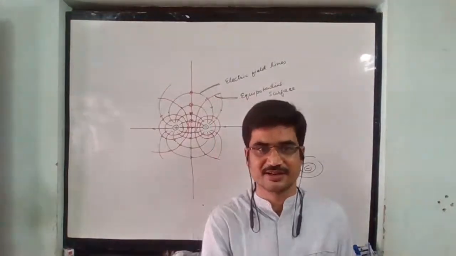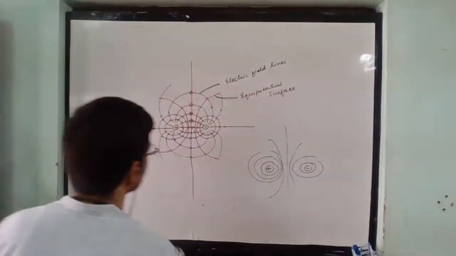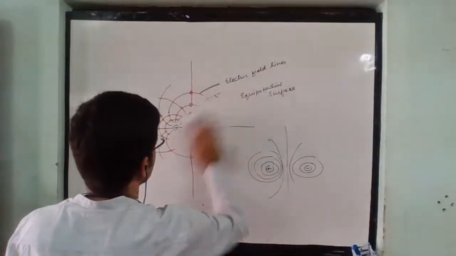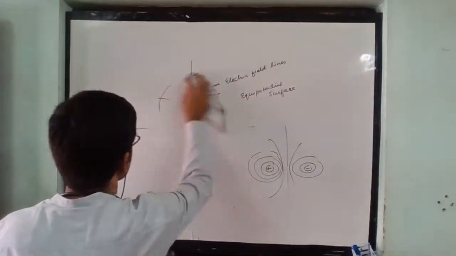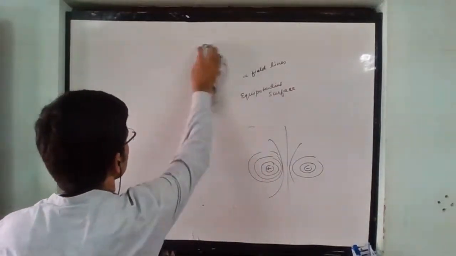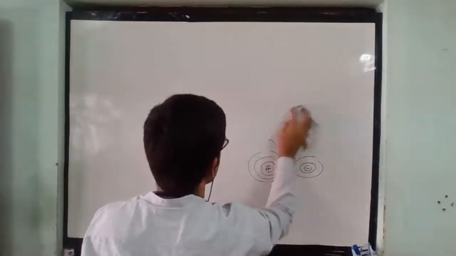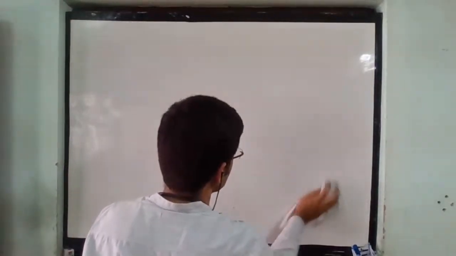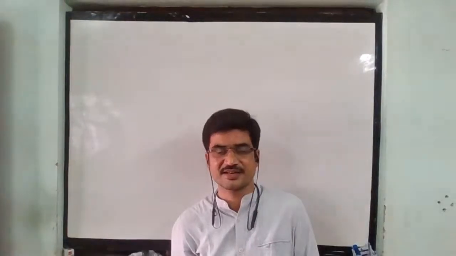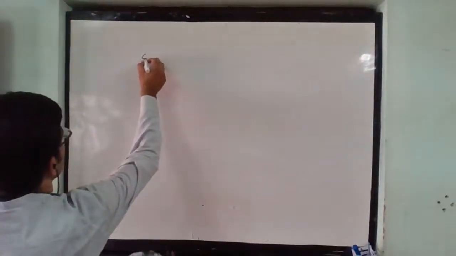If some other question is asked, this is simple, you will understand. Now, one of the most important concepts we will discuss. In this, electric field, capacitance, electric potential, everything is clear to you now. Now we will discuss the energy of a conductor, energy of a charged conductor.